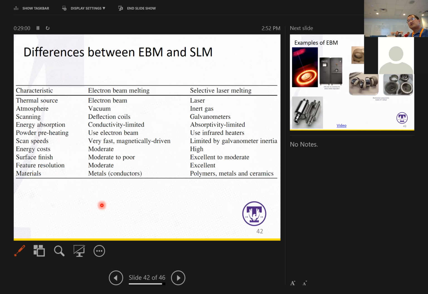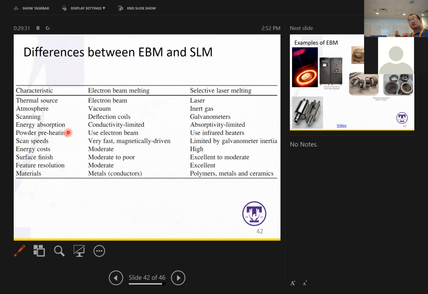And this gives you some comparison between EBM versus SLM. You can see first the thermal sources are different, right? One is electron beam, another one is laser, and also the atmosphere, one is high vacuum, another one is some gas. The way of scanning and energy absorption are also quite different.